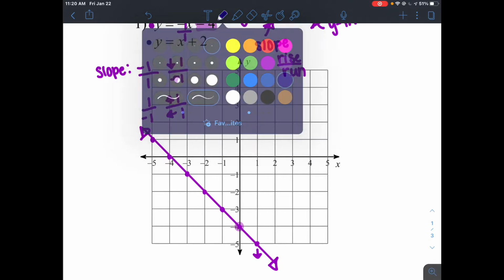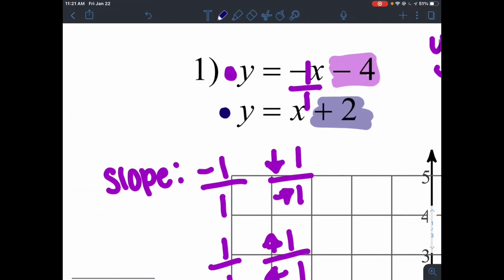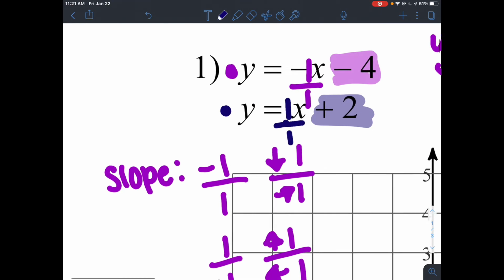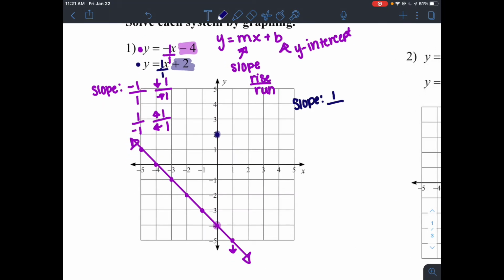I'll switch colors. Now we have y equals x plus 2. So my y-intercept is 2. So I'll graph 2 right there. My slope, I can put an invisible 1 there, and change it into a fraction by putting it over 1. So my slope is 1 over 1. And I can make this up 1 and right 1.